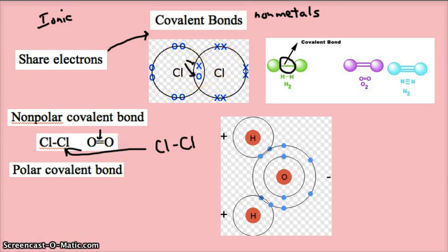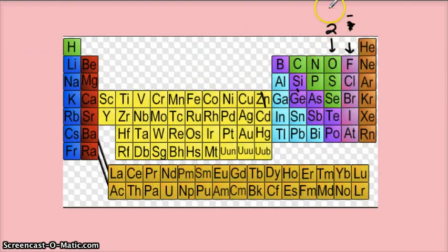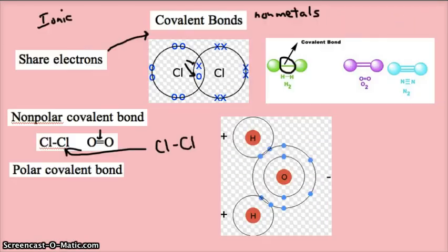So oxygen and all of those in this column, whenever you have a covalent bond, they will have two lines between them. All those in the halogens in this column will have one line between them. So you have a single covalent bond, a double covalent bond.